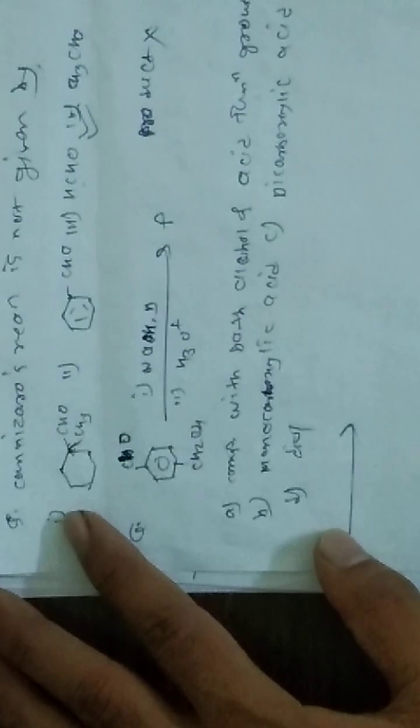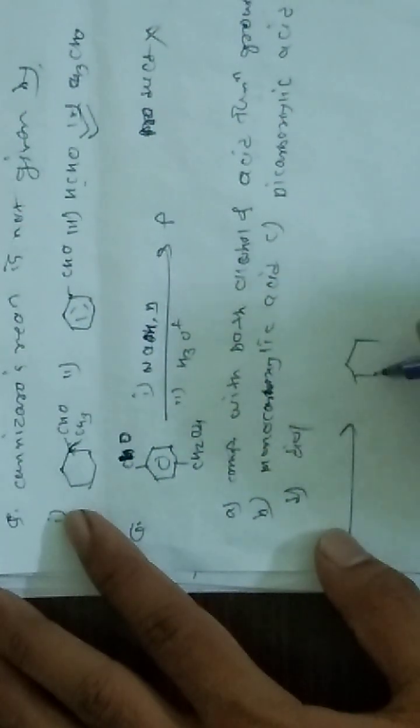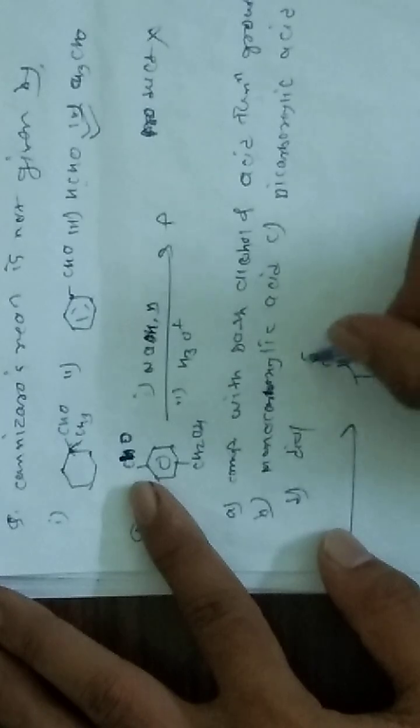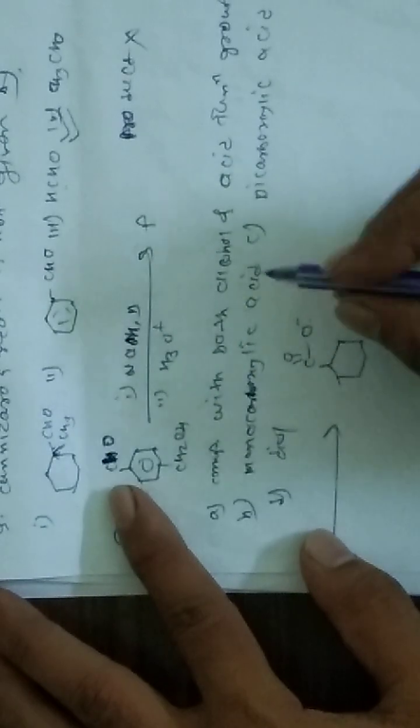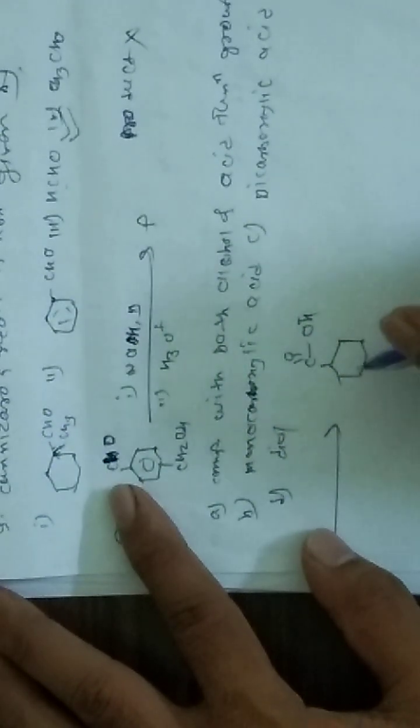Here the reactant has no alpha hydrogen atom on the carbon next to the carbonyl carbon, so it must follow the Cannizzaro reaction. So what will be the product? Oxidation of one molecule gives C double bond O minus Na plus, but since hydrolysis is mentioned in the second step, an acid will be formed, and the alcohol remains the same.